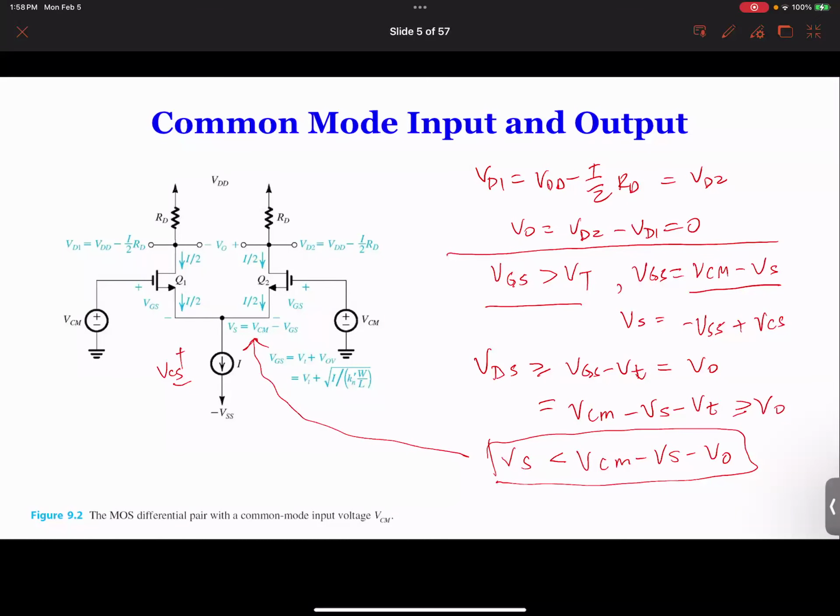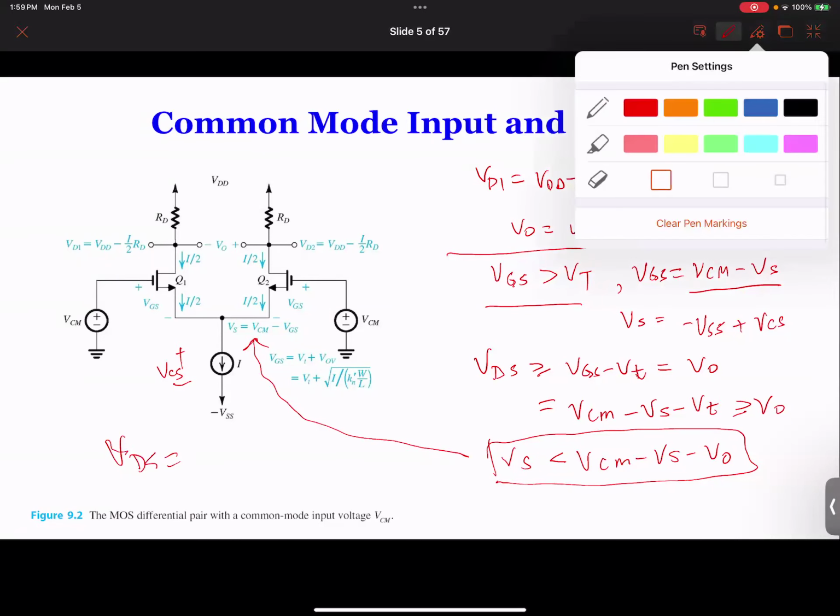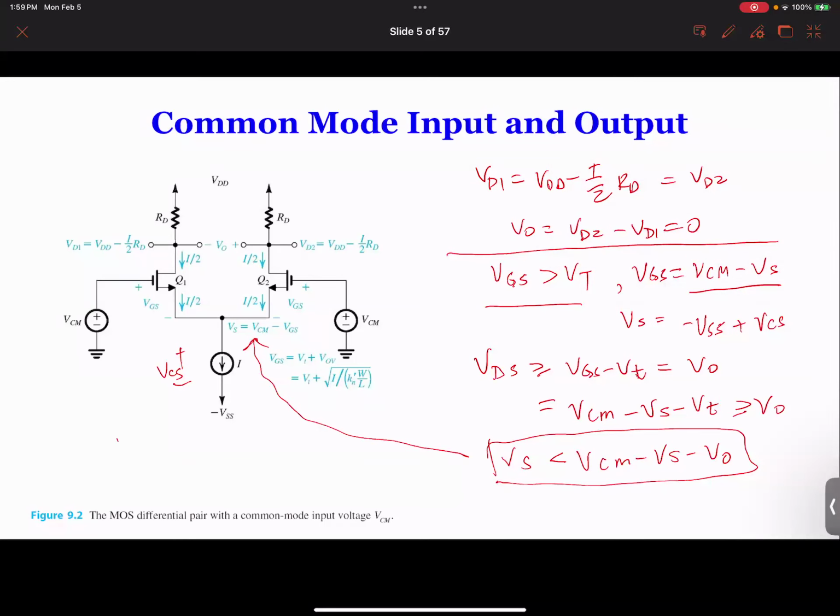In the sense that VDS, in this case, you can also express VDS equal to VD1 minus VS, and that has to be larger than VO.